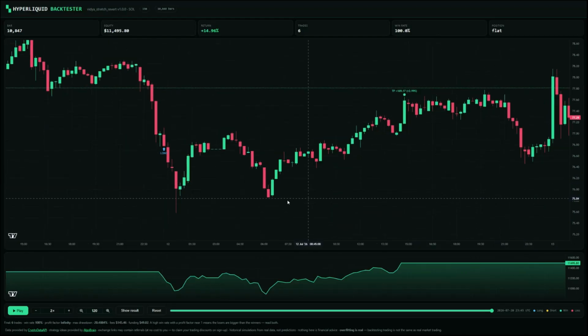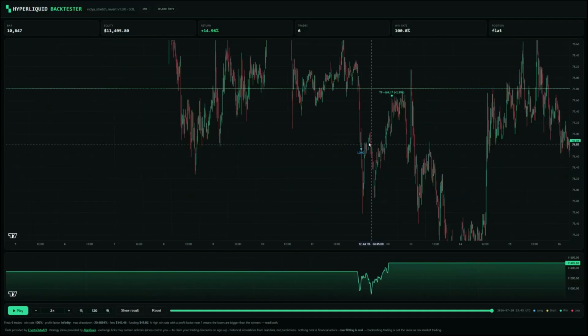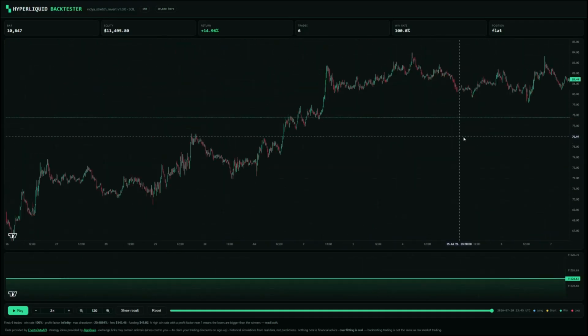So we can see here that it took a long trade on this candle, and then it held the position for a few hours, and then it took profit here at 3% profit, $169. So as the stretch reverts down, you can see it entered the long position, then it waited, and as it reverted back to the mean, it took the profit. So that's executing the strategy perfectly.